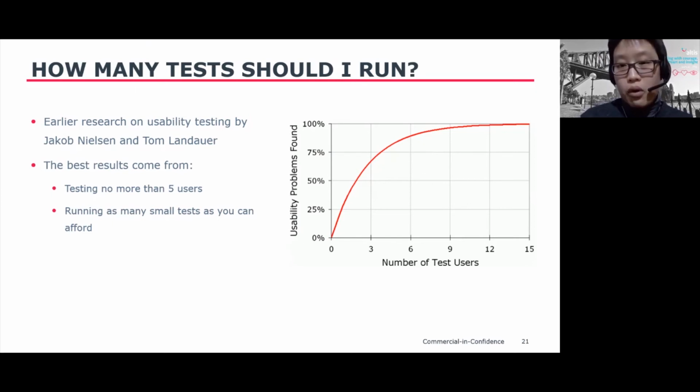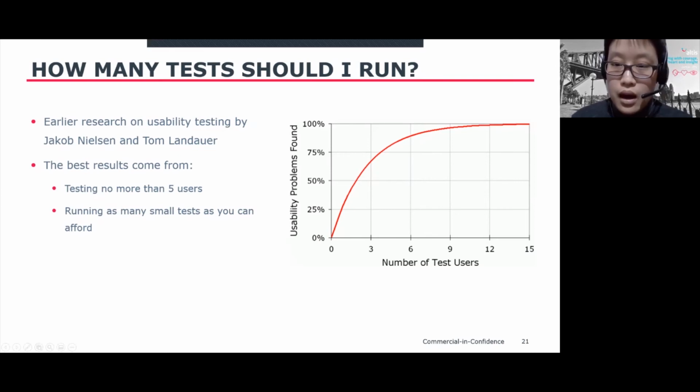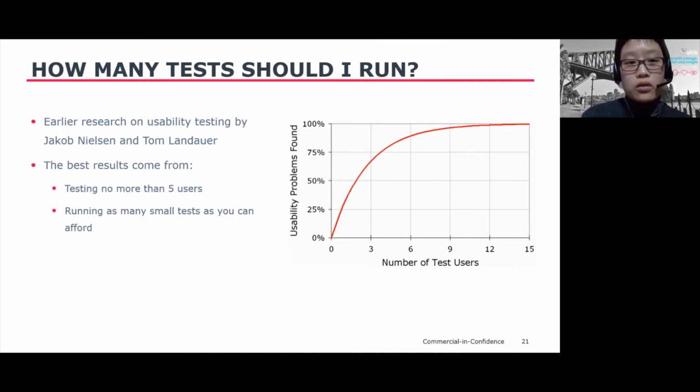because if it's more than that, there's not much significant problem finding. For example, on this chart, let's say 5 people here, I would say the plot will be around here. Let's say it might cover 80%. Then usually this 80% that you found during the testing will already cover the significant design flaws.